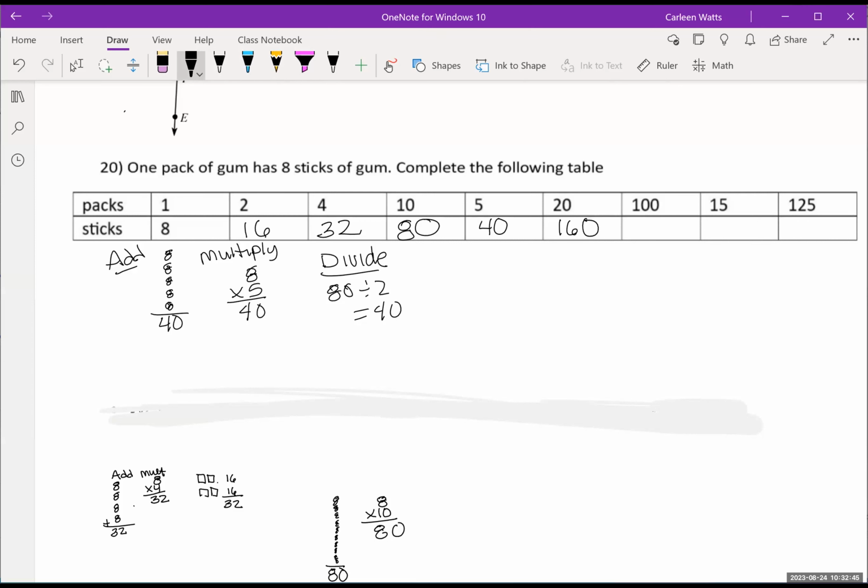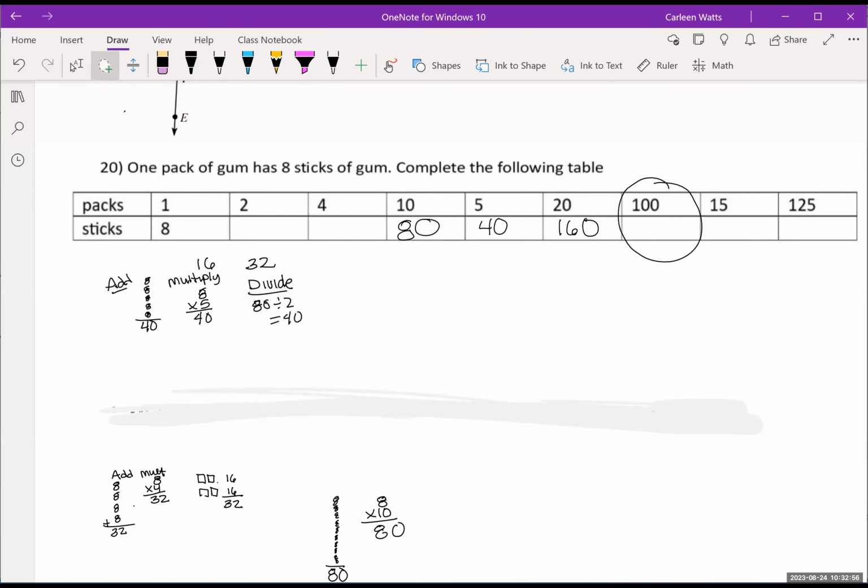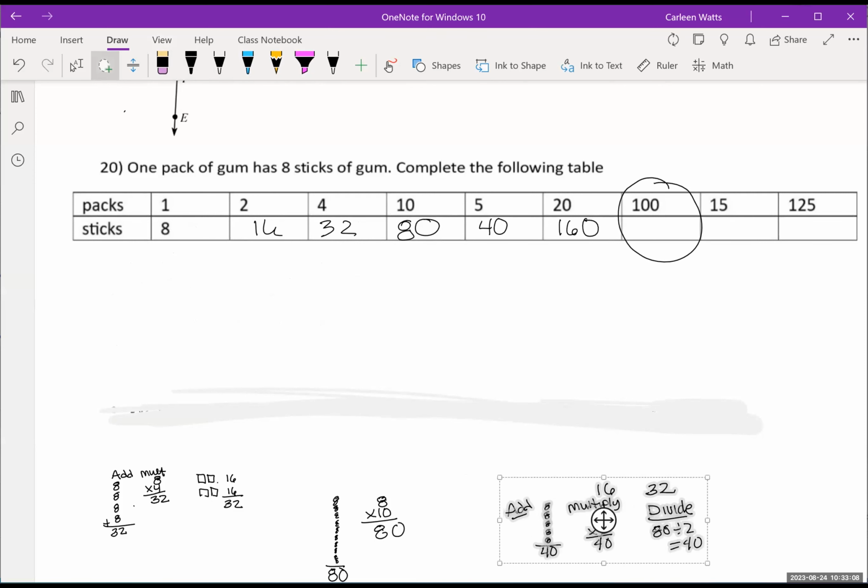Okay. How about 100? What would be the easiest? Which one should I look at to get 100? I could just multiply by 8, or I could add a 0 to the 10.